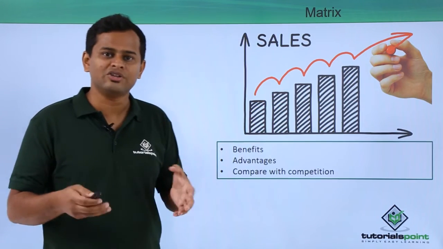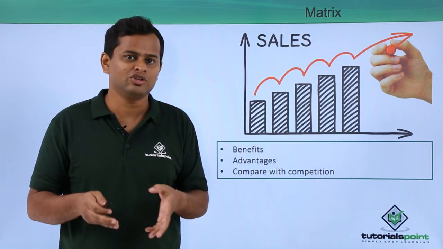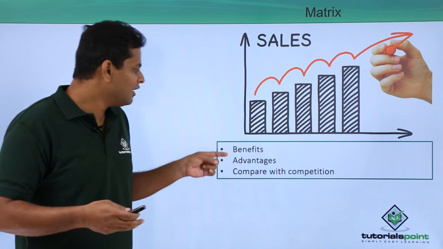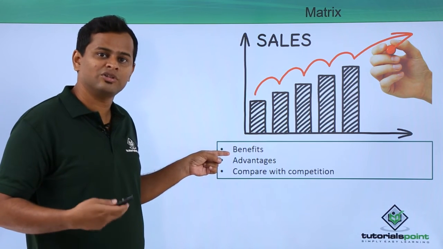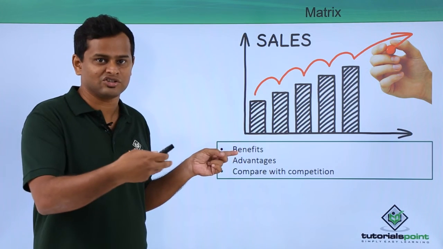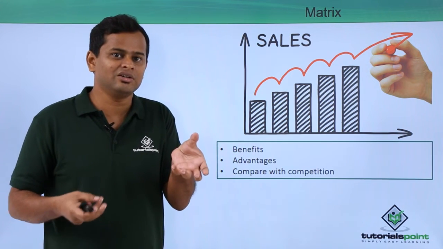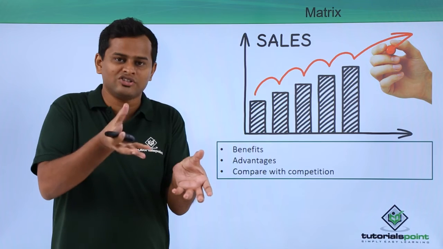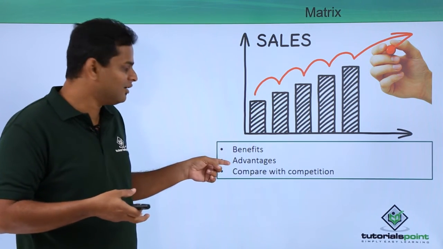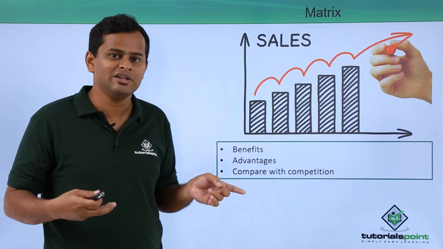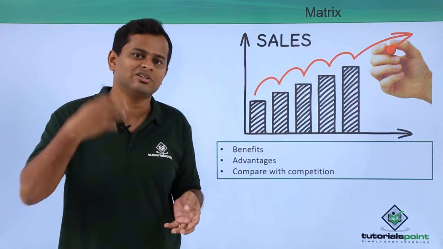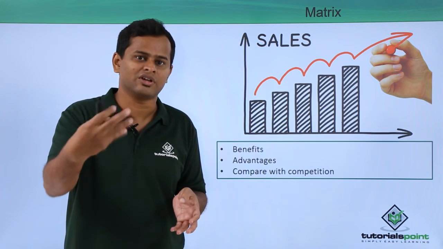When we talk about the metrics in selling, we need to be ready before we have an interaction with our customer. We should be very clear about the benefits that are going to come from our service or product for the customer. Based on his need, these benefits have to cross that, and only then is he going to buy this product. There also have to be advantages, meaning when you compare with your competition, what is that additional thing you are going to give your customer?